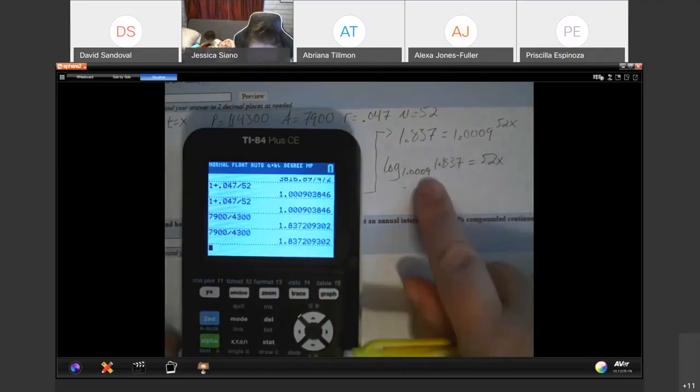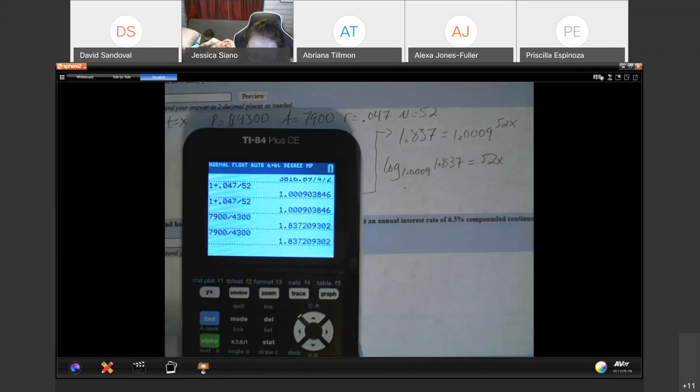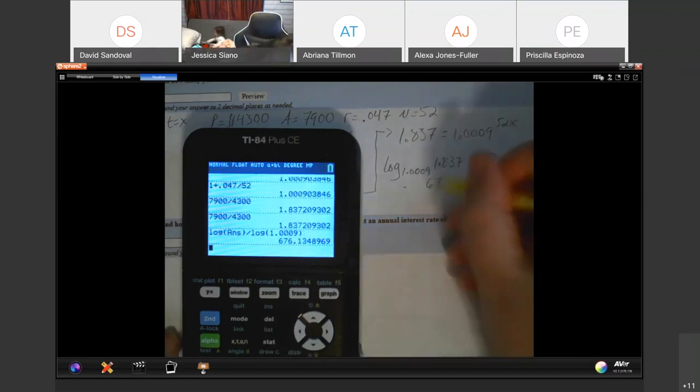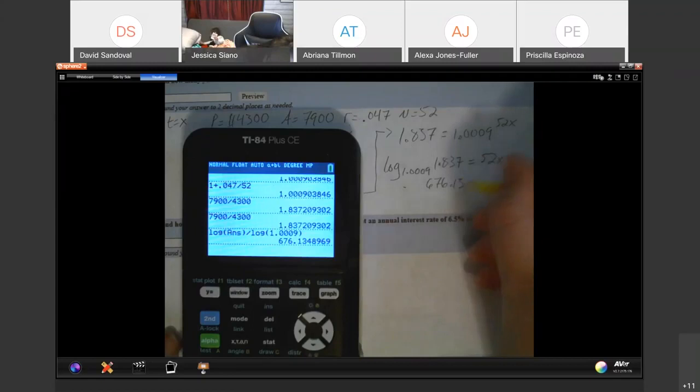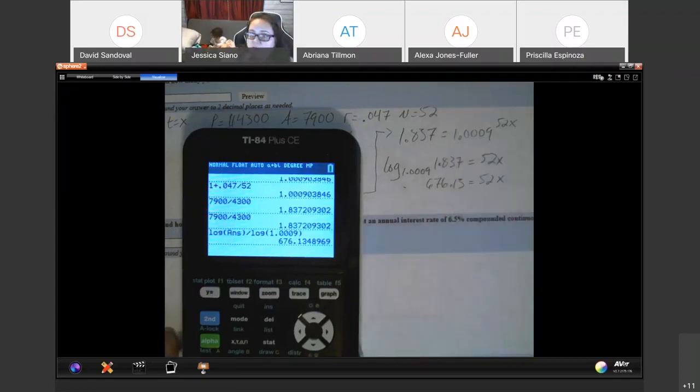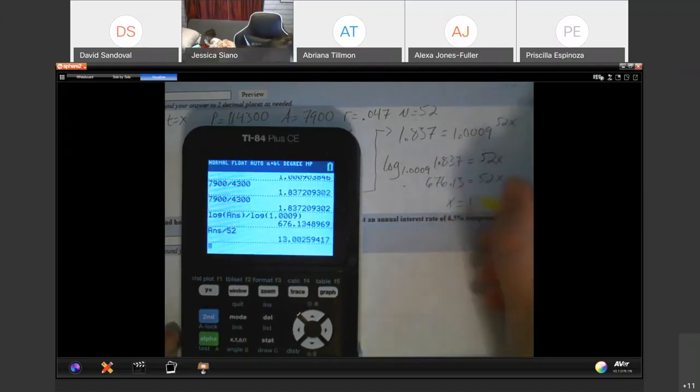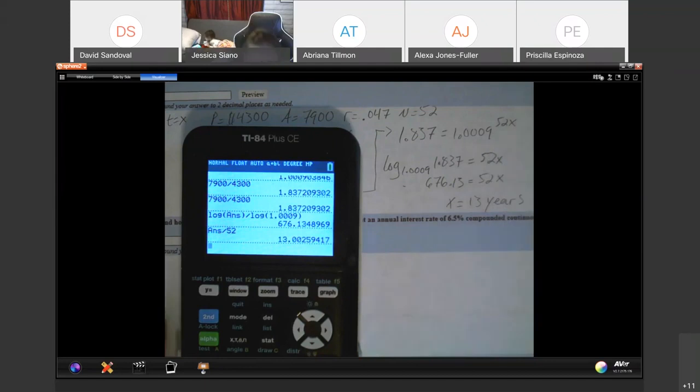I'm going to figure out what this is: the log of the last thing I got divided by the log of 1.0009, and divided by 52. 13 years. 2 decimal places would still be 13 years.